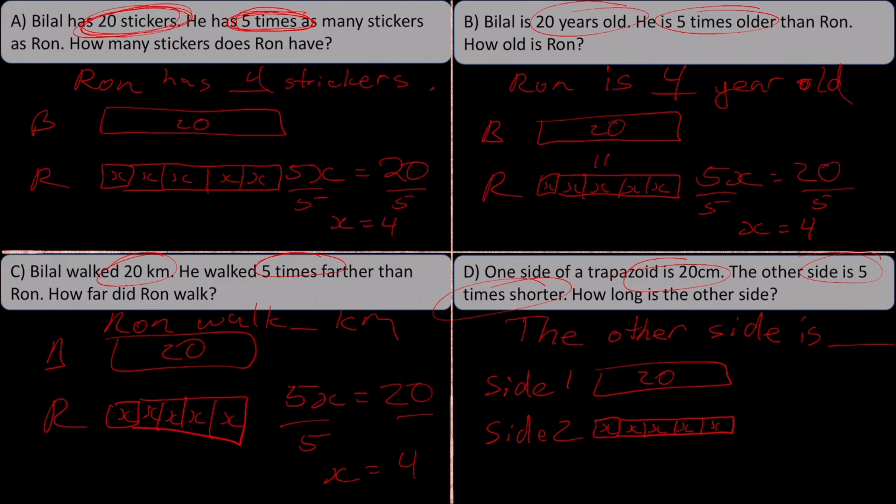Okay, so we're asking different things in each question. We're changing things up. This one went for a walk. This one's talking about stickers. This one's talking about age. And this one's talking about shapes. But the process is still the same. The 20 centimeters, because it's 5 times shorter, it's still the same process. So we would come up with the same answer.